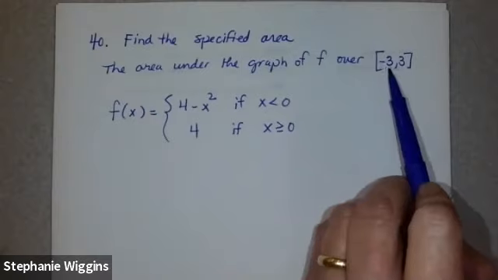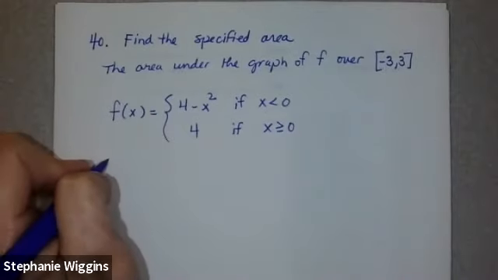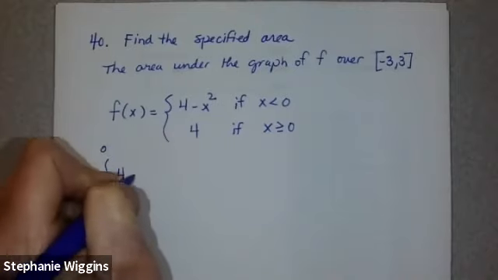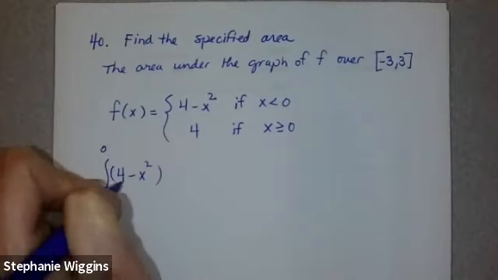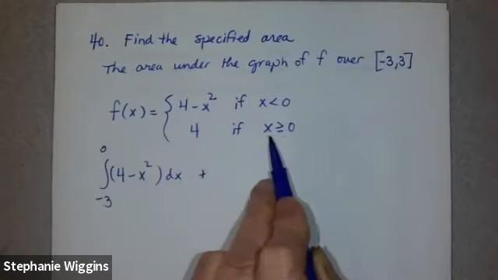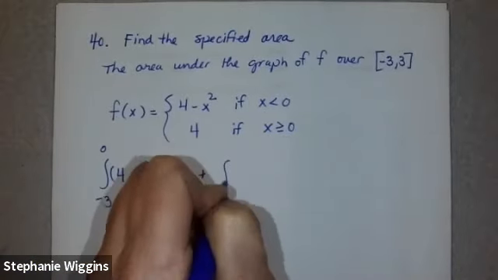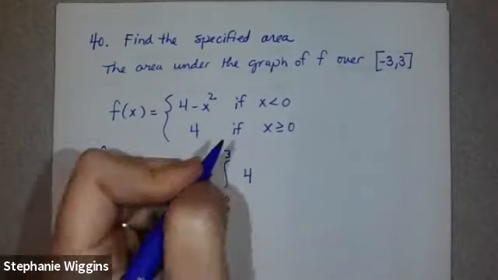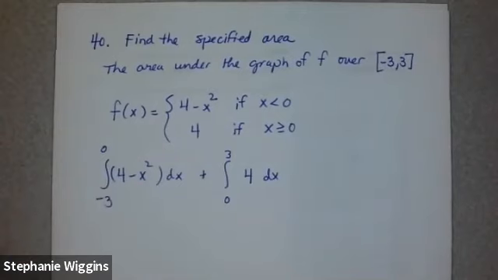From -3 to 0, I'm going to calculate the integral from -3 to 0 of 4 minus x squared dx. And then I'm going to add to that, when x is greater than or equal to 0, so that would be from 0 to 3, and the function this time is going to be 4 dx. So this will give me the area under the curve.